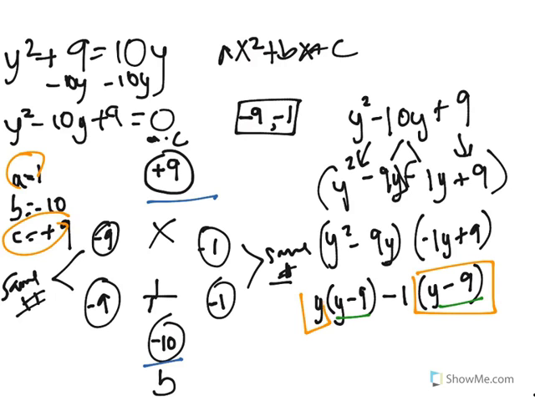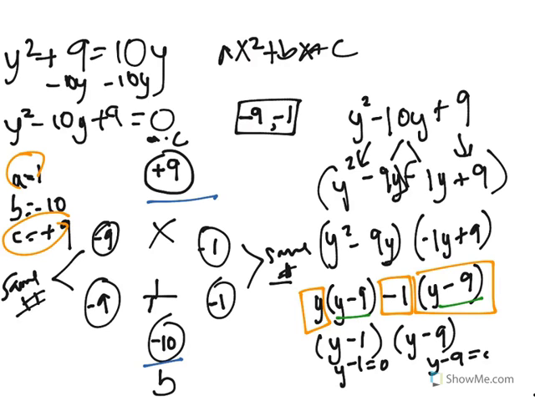And then this is going to be the other, okay? Set both equations equal to 0. And we have y equals 1 and y equals 9.